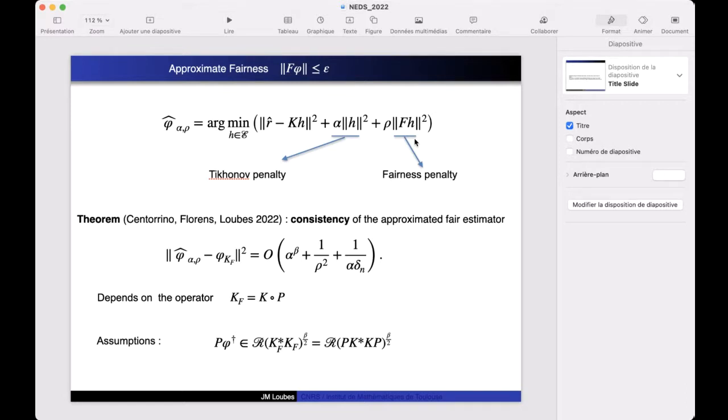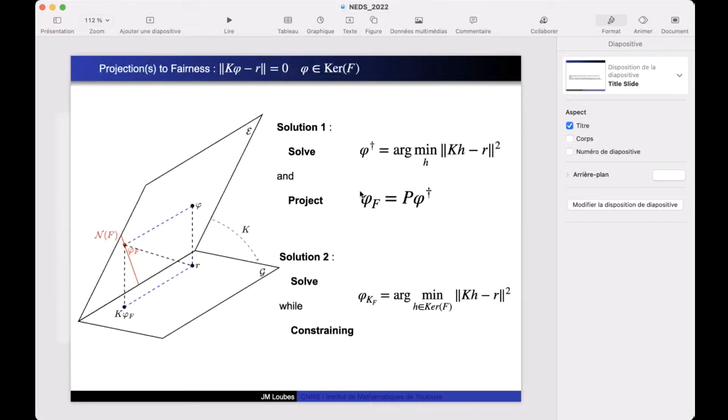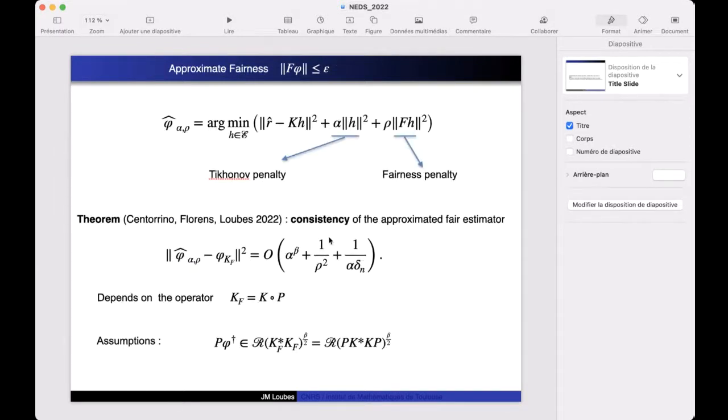So what you can see is that in fact, if you do like that, you will converge. You will not converge to this solution, that means the solution and then where you project, but the solution where you have solved the equation directly in the kernel of the operator.